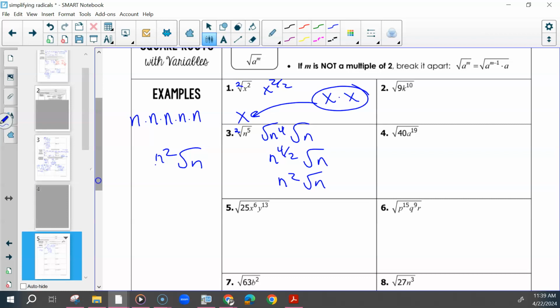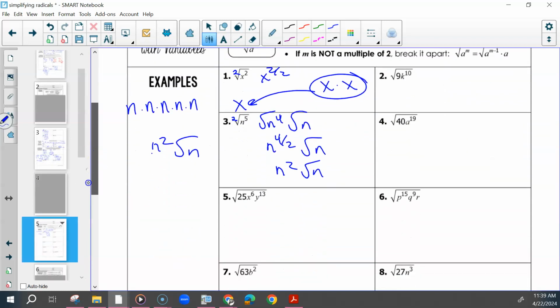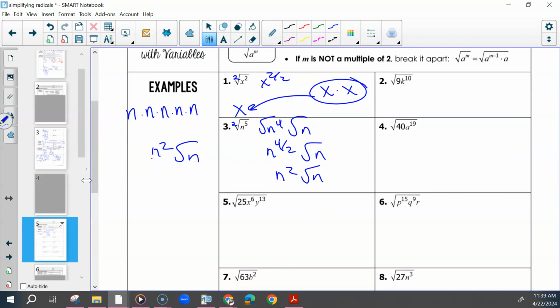That's why I said you could do it either of these ways. Once you get the hang of this, if you want to do this, 2 goes into 5 twice with 1 left over. That's it. What's the 4 over 2? This exponent over the index from this formula. How do you get 4? It was n to the 5th.